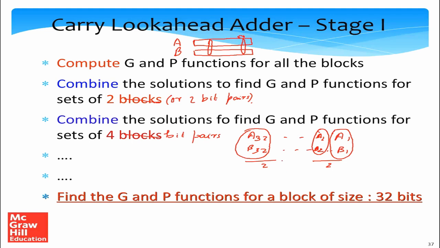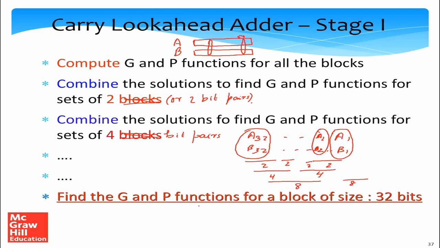Then we take all the solutions for 2-bit blocks and get solutions for 4-bit blocks, right? Solutions means GNP functions. Then we combine the solutions for 4-bit blocks to get 8 bits. Then from 8 and 8, 16, and finally 16 and 16, 32. So we find the GNP functions for a block size of 32 bits at the end, which means 32 bit pairs. Instead of writing blocks here, I would rather say 2 bit pairs and 4 bit pairs.